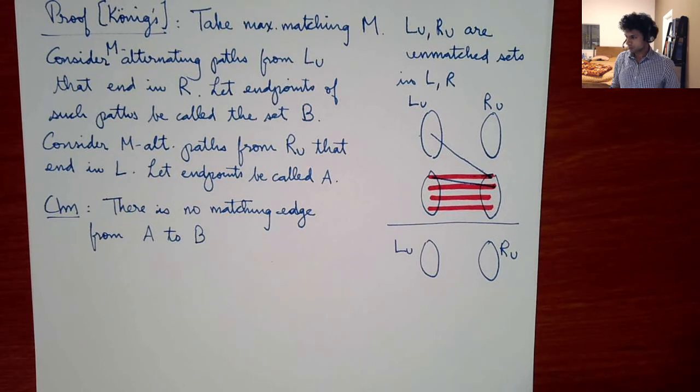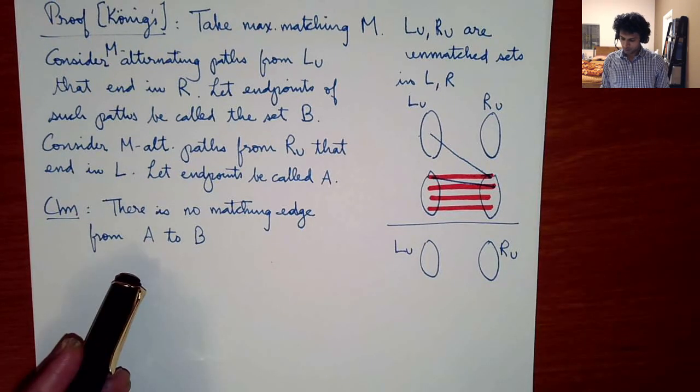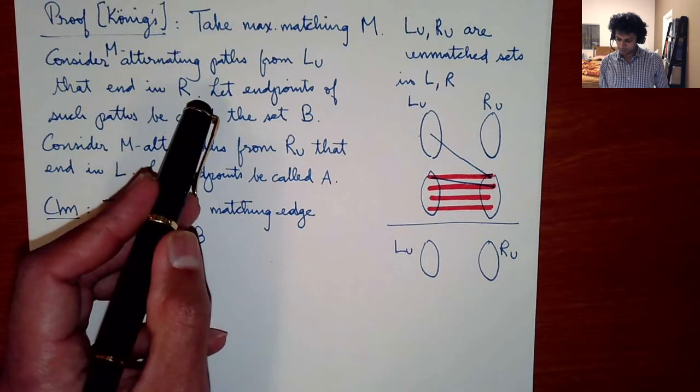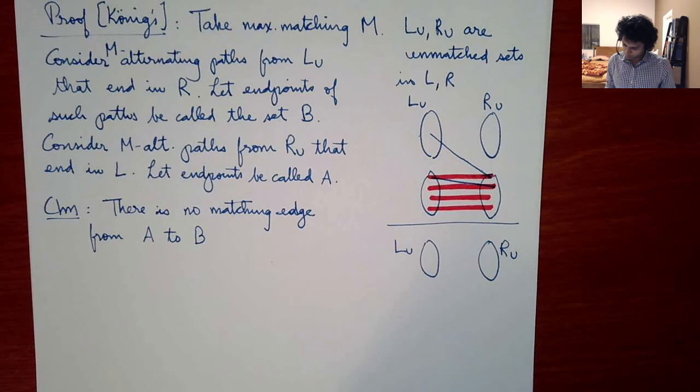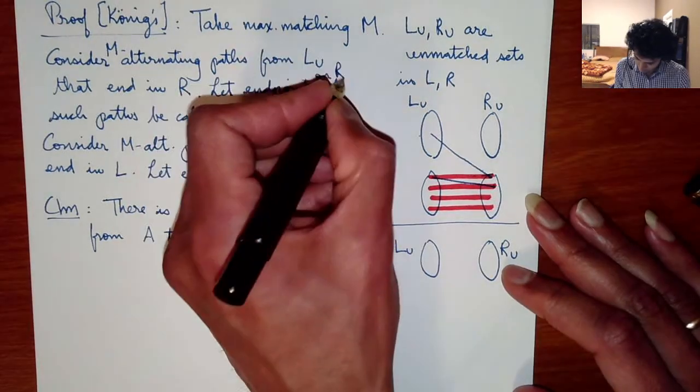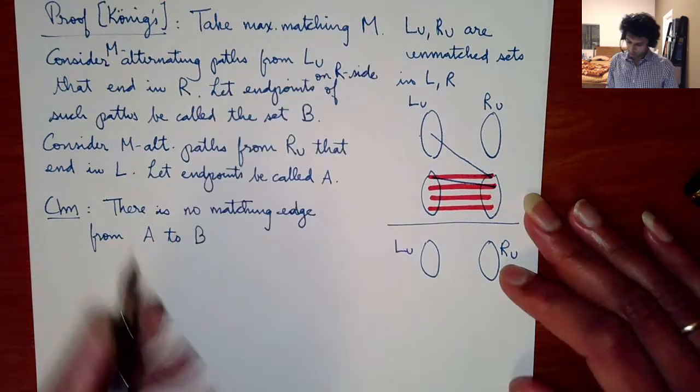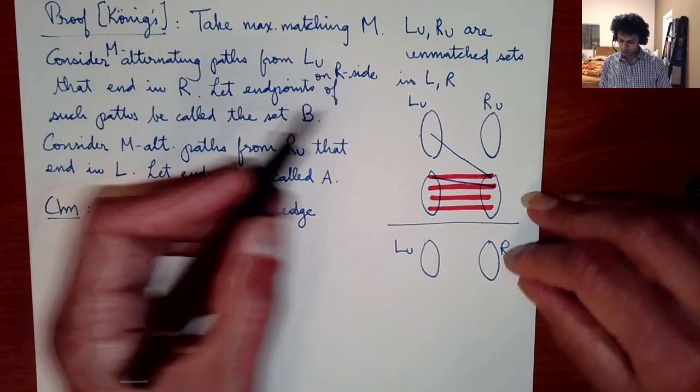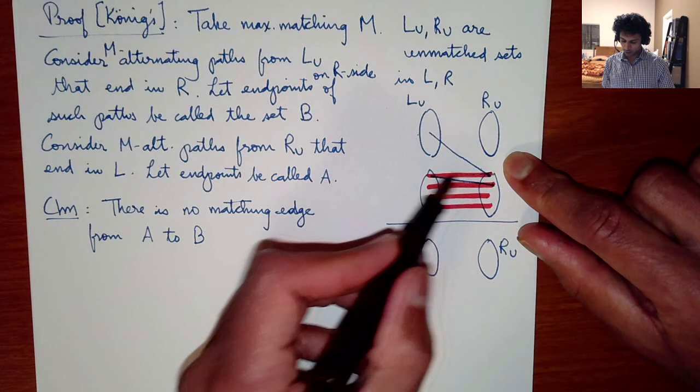I'm still slightly confused what A and B are. Are they both endpoints of the path? No, good question. Let the endpoint on the R side be B: you start from LU, and you take an alternating path that ends up on the R side.